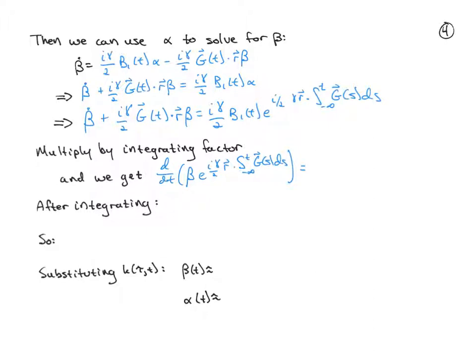And the right-hand side, if we multiply it again by alpha, is going to be equal to i gamma over 2 times b1 of t times e to the i gamma r vec dot integral from minus infinity to t g vec of s ds. So on the right-hand side, all that happens is we get rid of the 1/2 in the exponential. But on the left-hand side, multiplying by alpha allowed us to combine these two terms and pull out the time derivative.